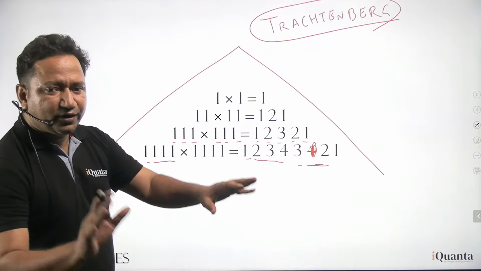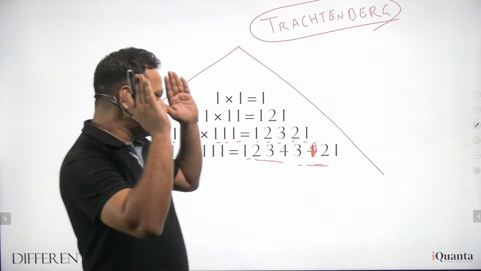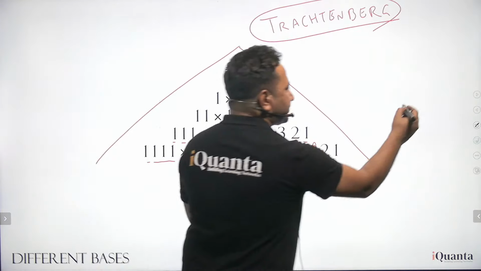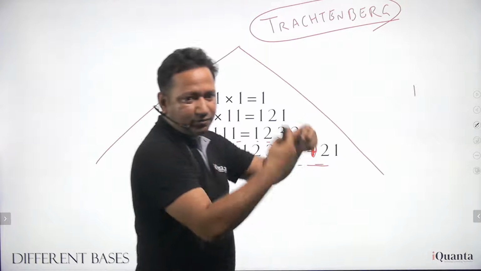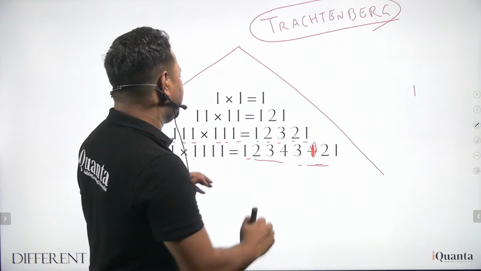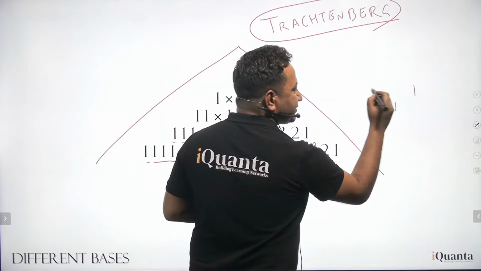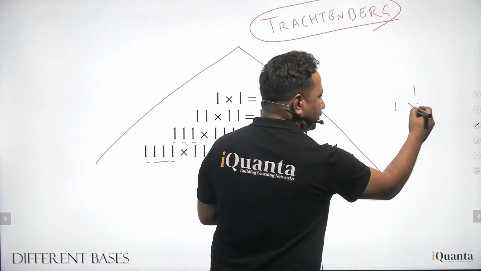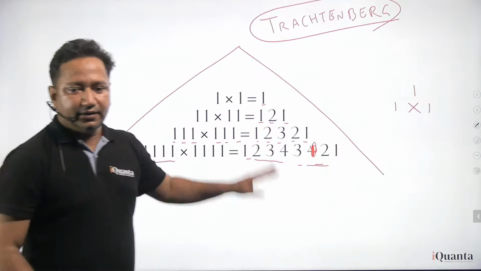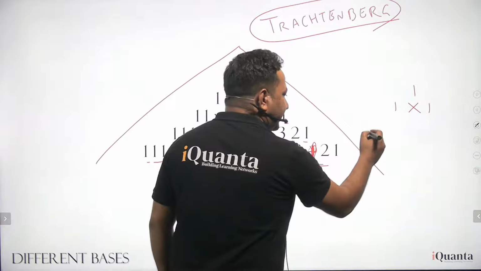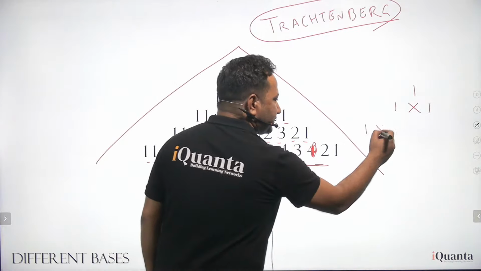Now, I want you to focus on visualization of this. This is one. I'll just make a symbol, a vertical straight line for 1. For 121, one vertical straight line, for 2 a cross, for 1 again a vertical straight line. Pay attention to this. Now it's 12321. One vertical line for 1, a cross for 2.